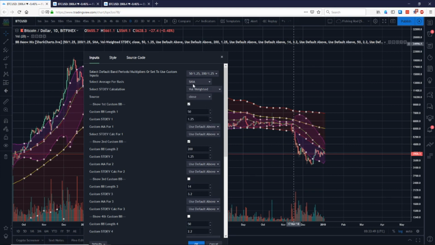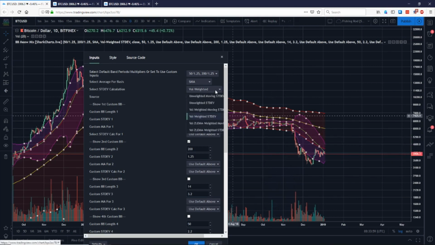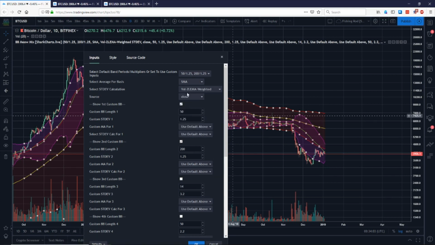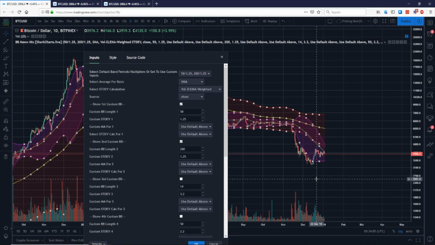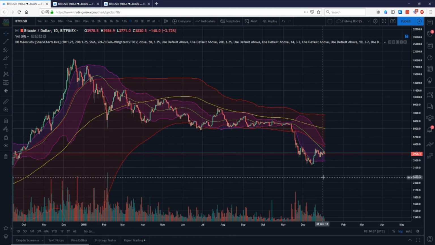If we switch it to volume weighted, you'll notice that you get spikier, more jagged movements. Then we also include the zero lag EMA of volume as a sort of correction.